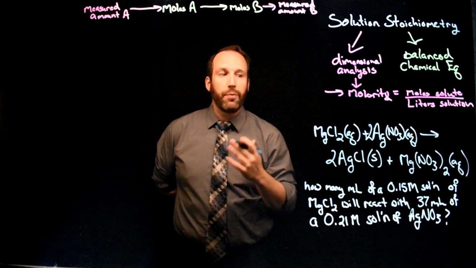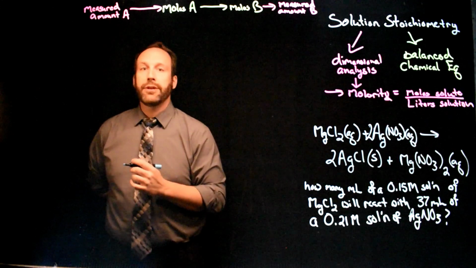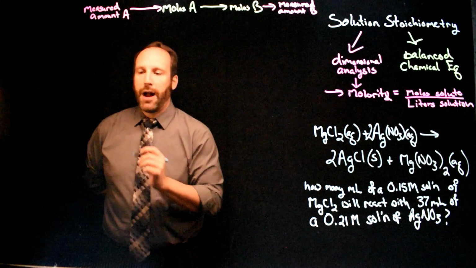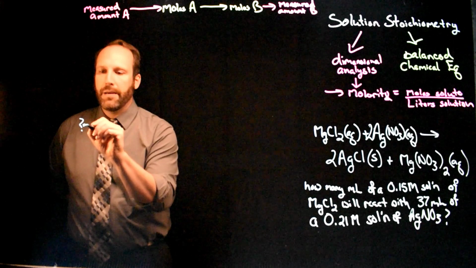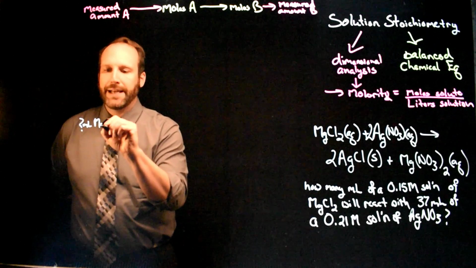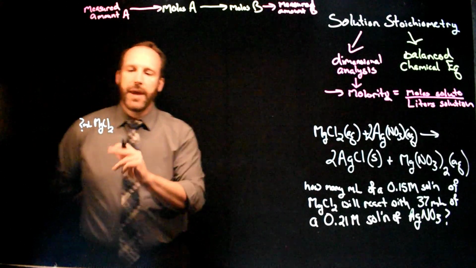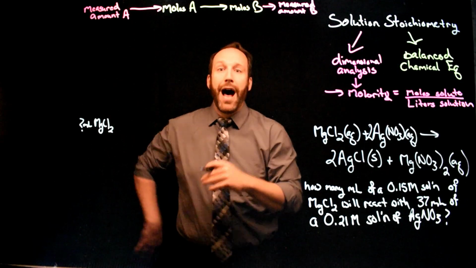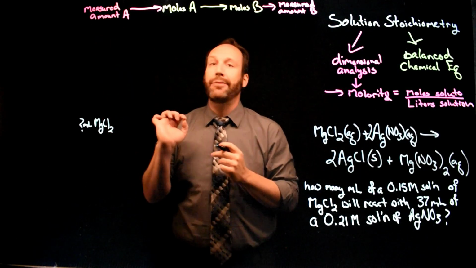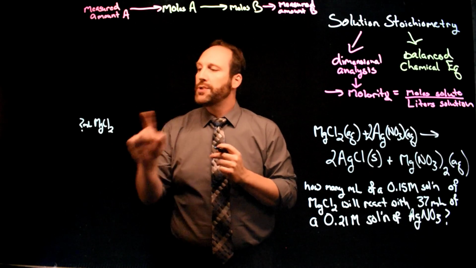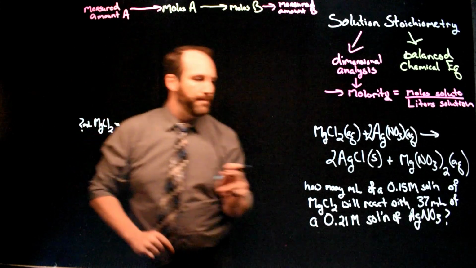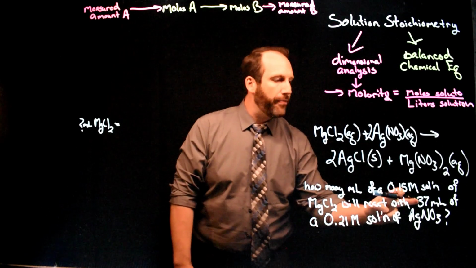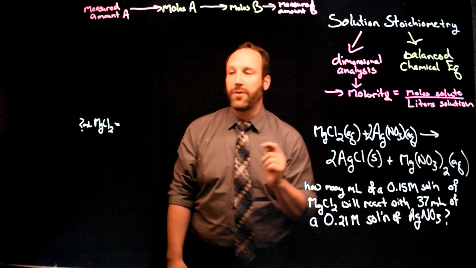So the question that we're trying to ask in this particular problem is how many milliliters of magnesium chloride? And that amount of magnesium chloride is going to be equal to a measured amount of compound A. So that's going to be equal to, what do we have? 37 milliliters of silver nitrate.